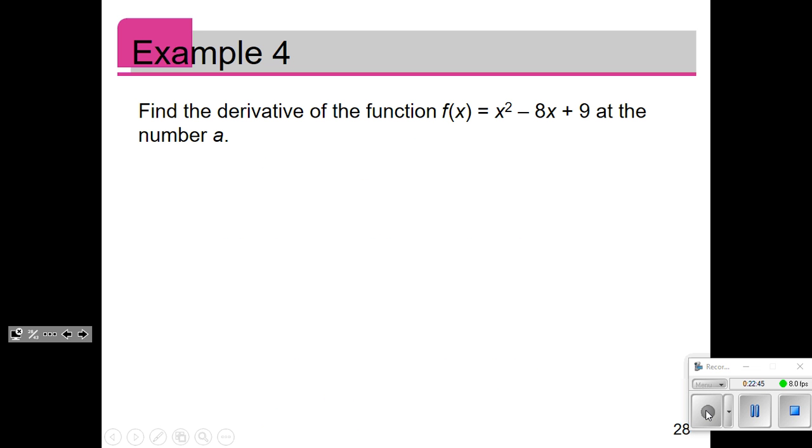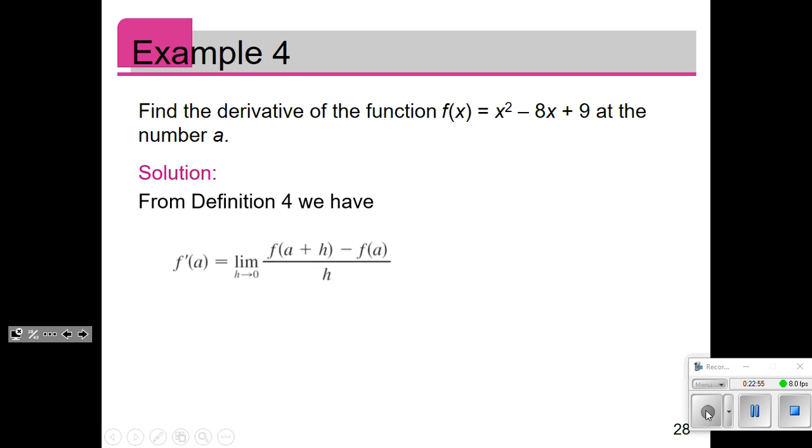Now, find the derivative of the function f of x equals x squared minus 8x plus 9 at the number a. Okay, so again, we're going to use our definition. From definition 4, we have f prime of a. That's how it's said. Okay, f prime is the first derivative.